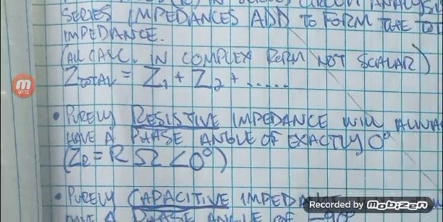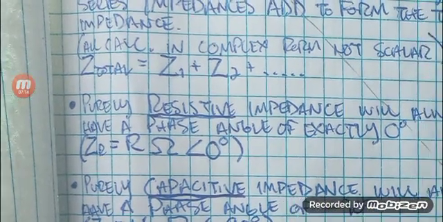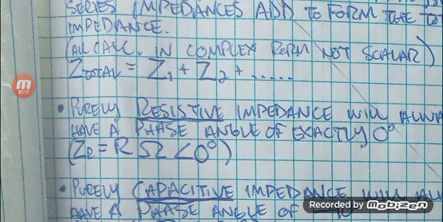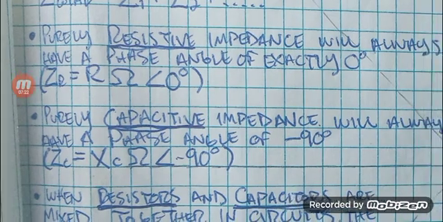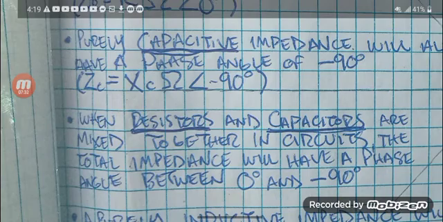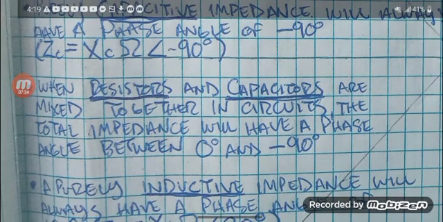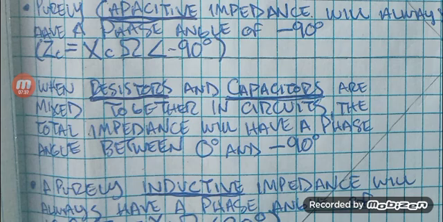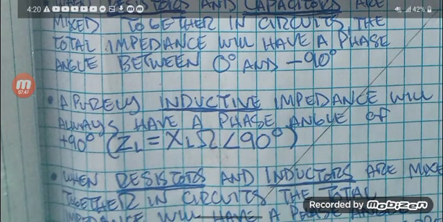Purely resistive impedance will always have a phase angle of exactly 0. Purely capacitive impedance will always have a phase angle of minus 90 degrees. And there's your formula. When resistors and capacitors are mixed together in circuits, the total impedance will have a phase angle between 0 and minus 90 degrees.